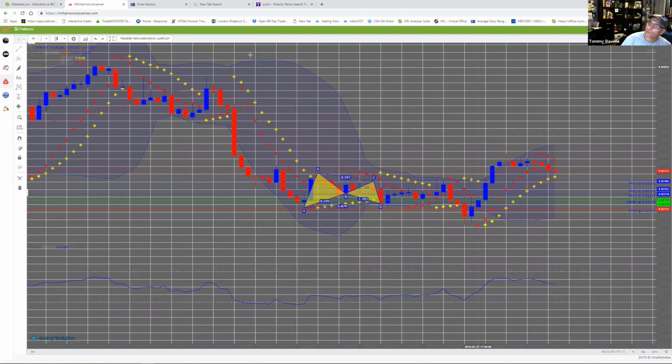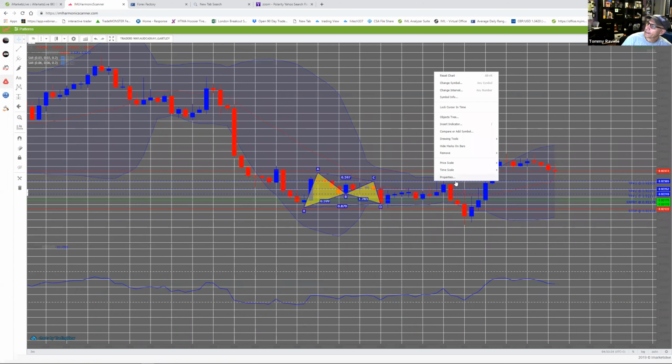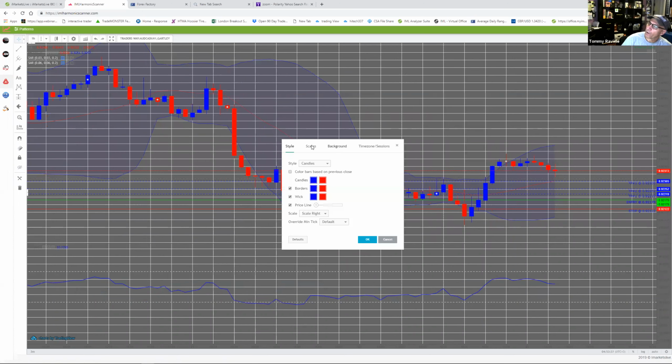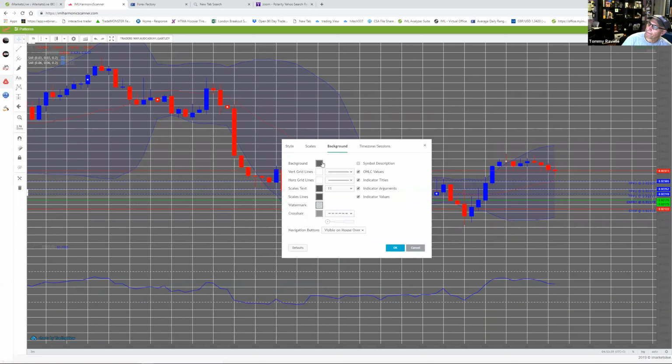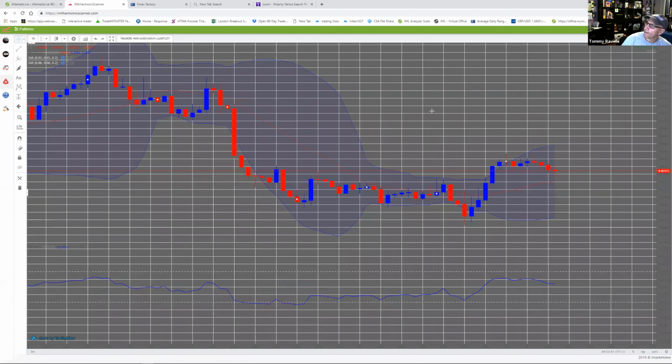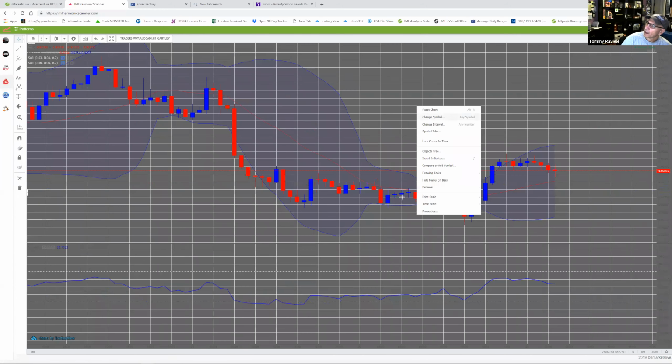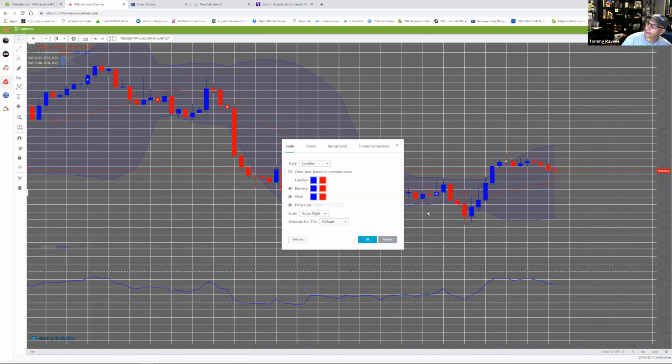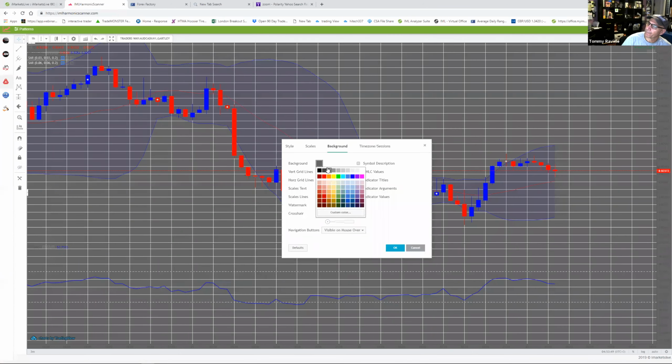Let me go back to white real quick. Let me just hide this guy, hide that guy. Come back to white. Properties, background. Good. Oh, oops. I clicked in the wrong spot. Background.